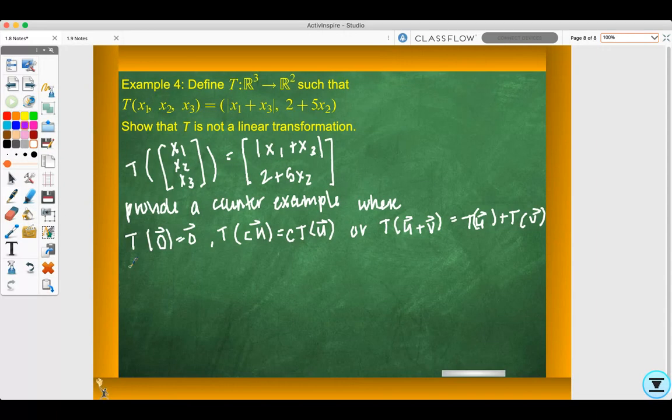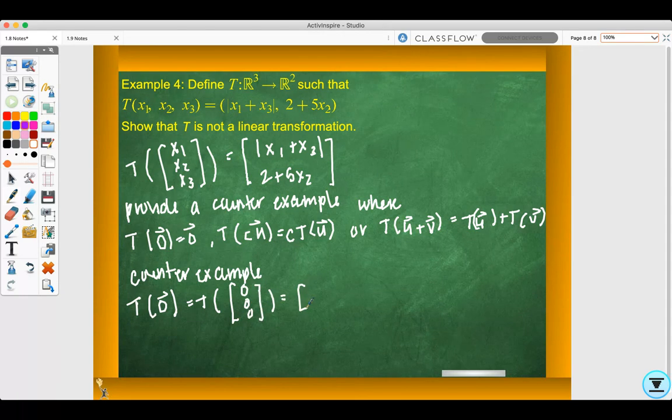So here's my counterexample. My transformation of 0, 0, 0 equals 0, 2, which does not equal 0, which means T is not linear.